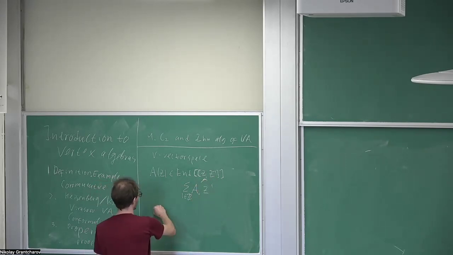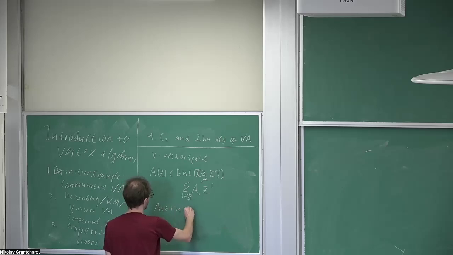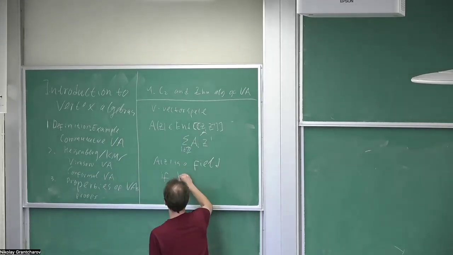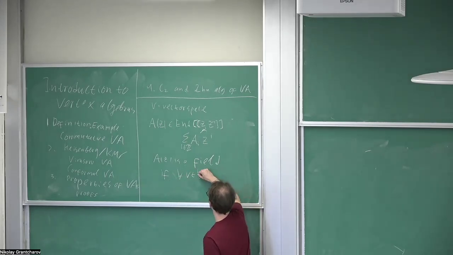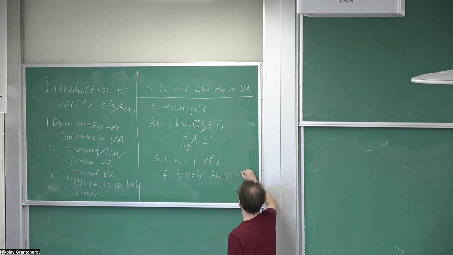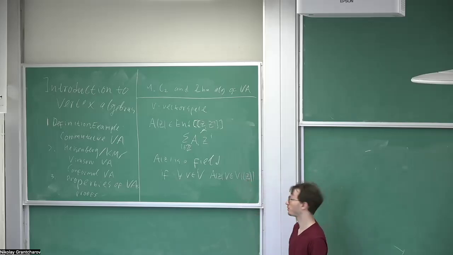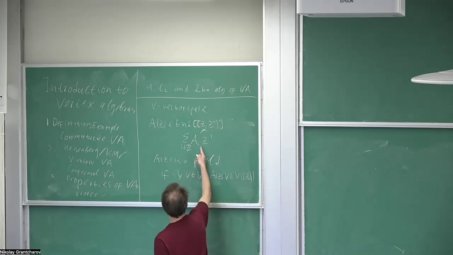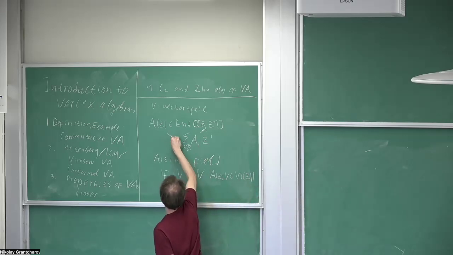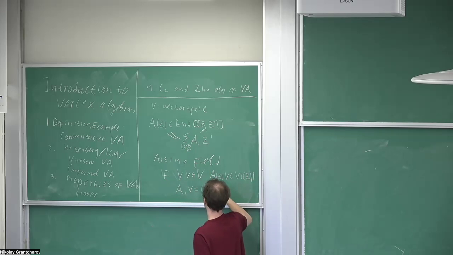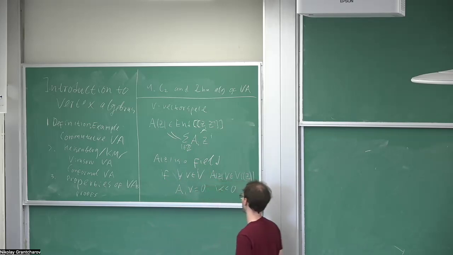So we say that A(z) is a field if for all B, A(z)B is actually a Laurent series. So it means that, in this notation, a_i b is 0 for i less than 0.